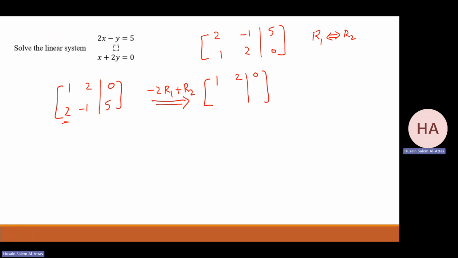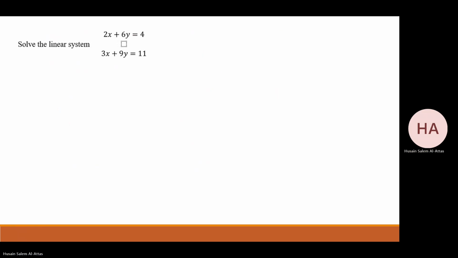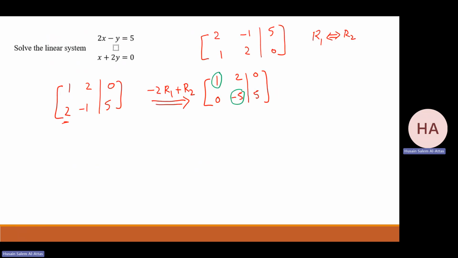Multiply by minus 2 and add, that will be 0. Minus 2 and add, that will be minus 5. Minus 2 and add, that will be 5. Done. Now this is echelon form. By the way, you can do one more step, but this is already echelon form, since the leading entries are to the right of each other. Or you can do one step to make it better.